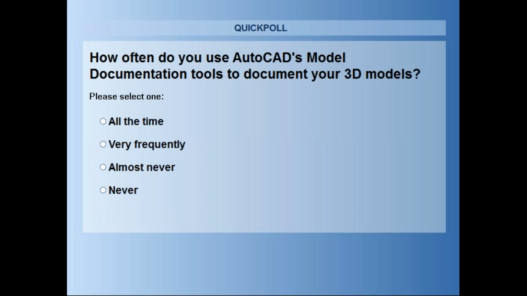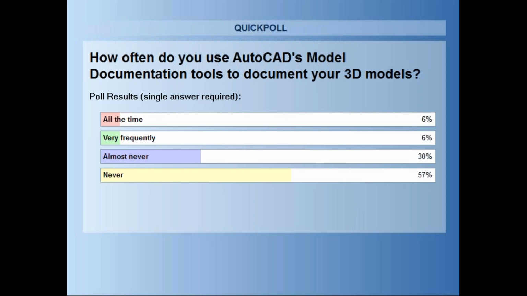Hopefully we can teach you some interesting things about them today, and you'll start using them in your workflow. Looks like most of you have never used it or maybe tinkered with it a little bit. And for the pros out there, hopefully we'll have a couple of tips and tricks up our sleeve.